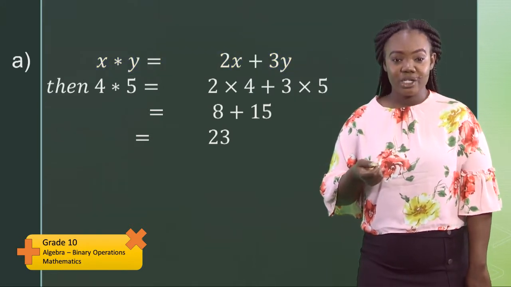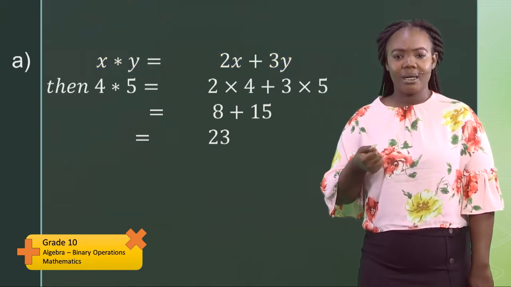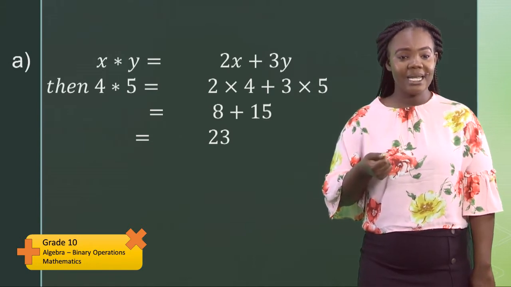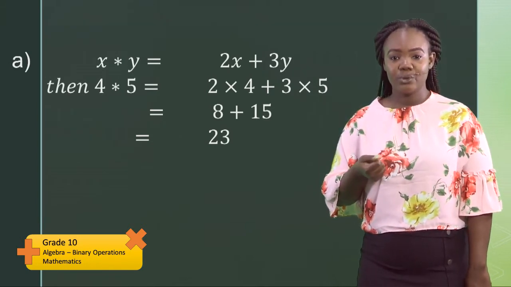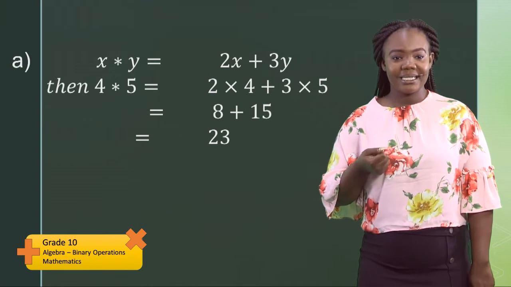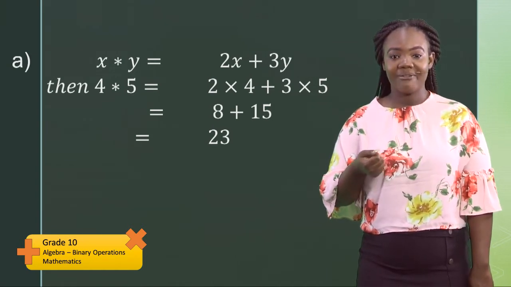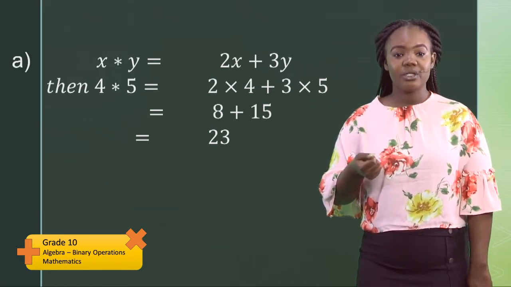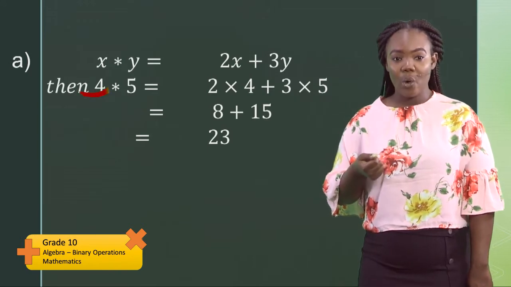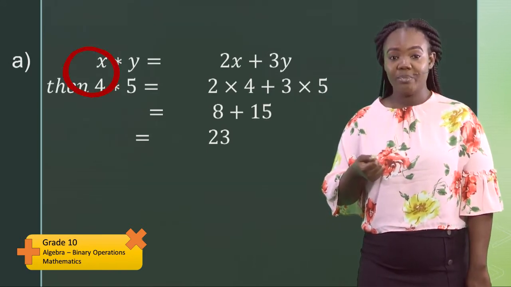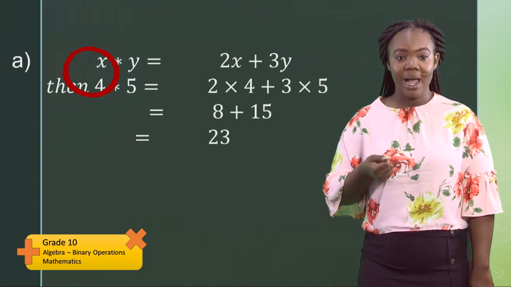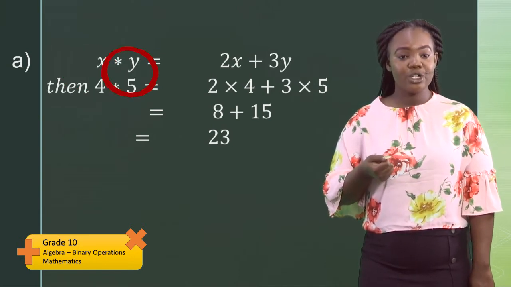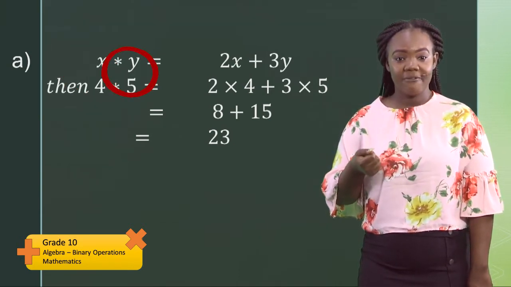In the definition, I mentioned that binary operation also takes into consideration substitution. So we know that x star y, and they gave us 4 star 5. So it is easy for us to assume that 4 represents x, so we replace the x value with 4, and y represents 5, so we replace it with 5.